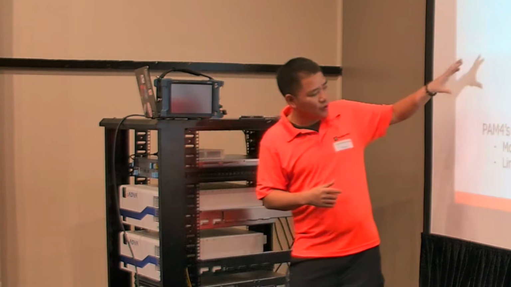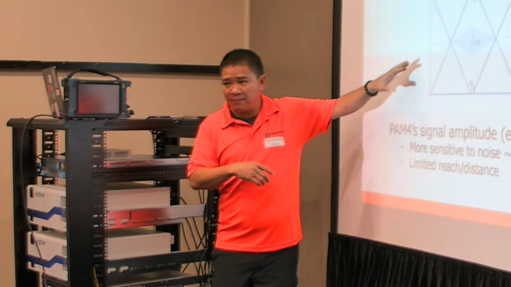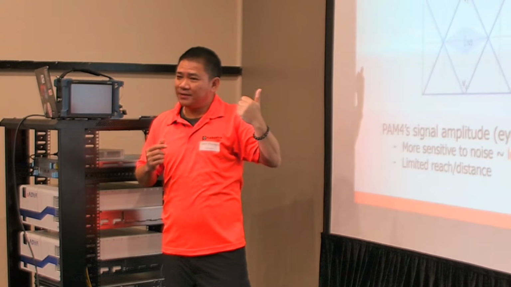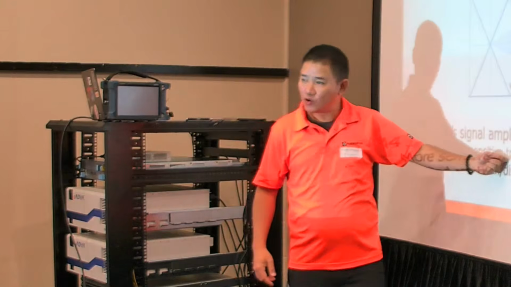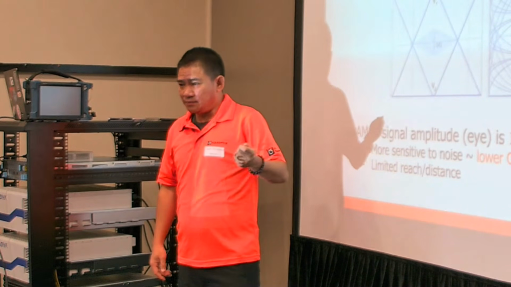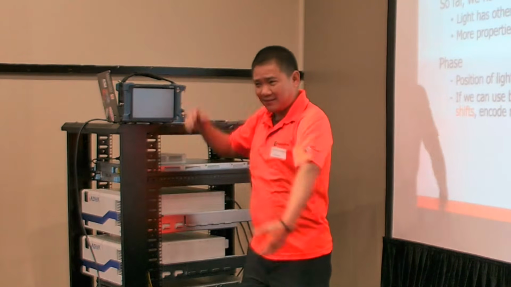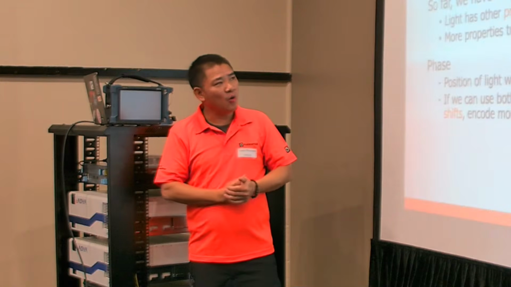While it's good that you have managed to double the bandwidth compared to NRZ, because of how small the signal amplitude is compared to NRZ, you are then limited in reach because your noise tolerance becomes a major problem. So we keep asking for this again. So we go, okay, I can't use PAM4 because of that problem. What do I do?